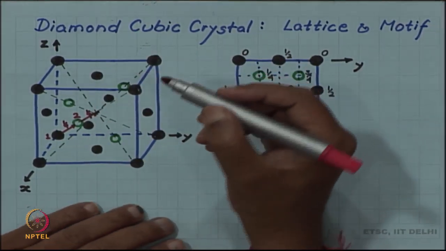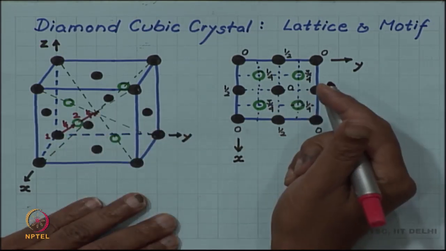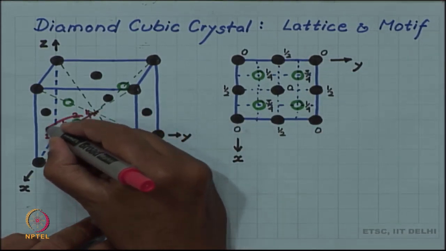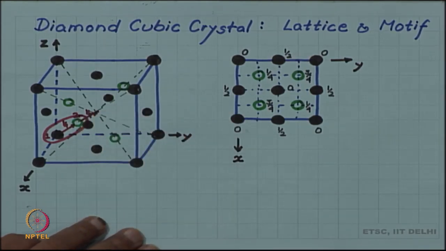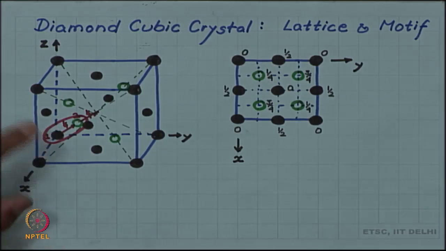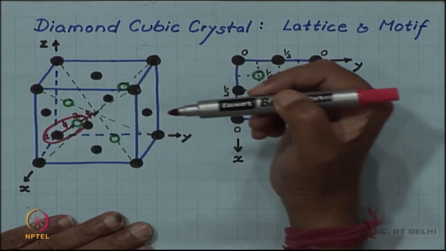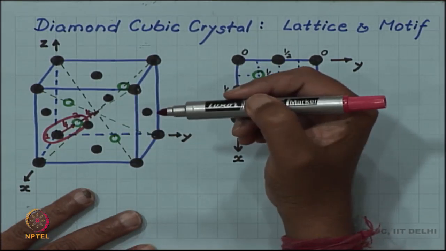Our motif should at least be 2 atoms; 2 has to be associated to the lattice point at 1. So, let us consider this as our possible motif. Since all lattice points are equivalent, each motif also has to be equivalent, and if we have given a motif atom to this lattice point, a similar motif atom should be there for all the lattice points.